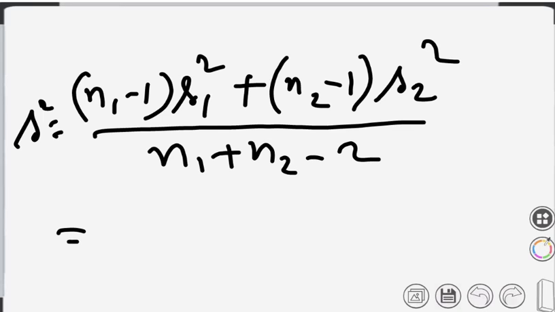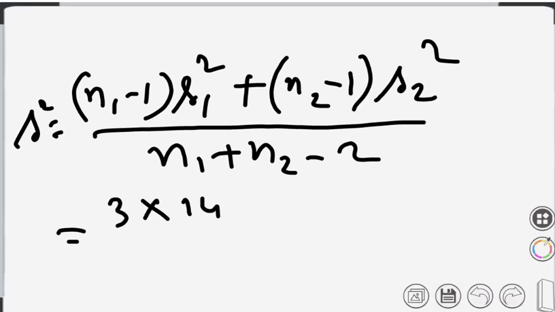So that means n1 minus 1, 3, into s1 স্কয়ার কত হলো? s1 স্কয়ার কত ছিল জানো? 14/3 না কত ছিল ওটা? 14/3, that is sorry 42/3, that is 14, তাই তো?